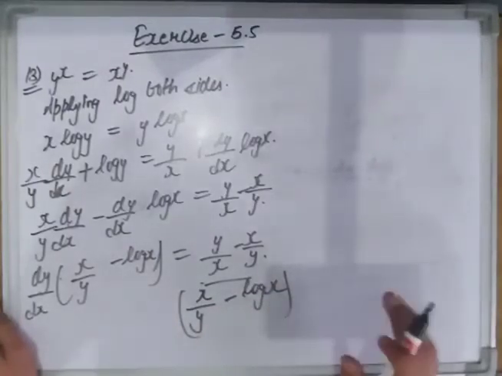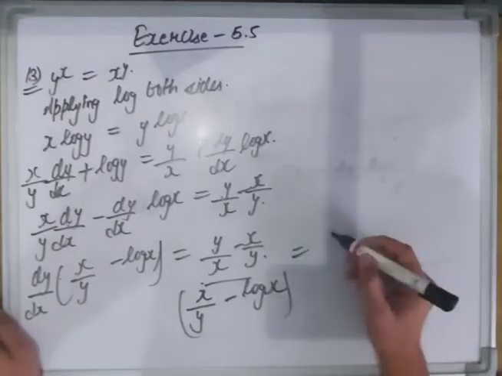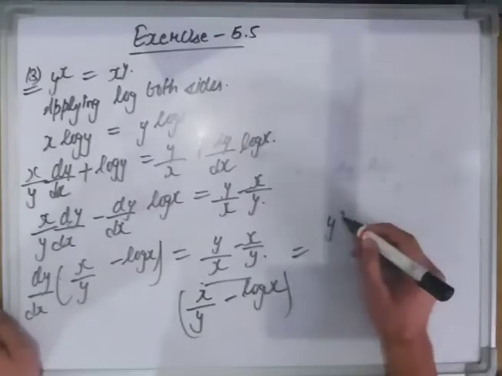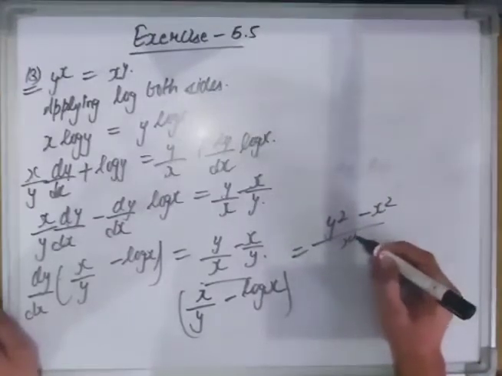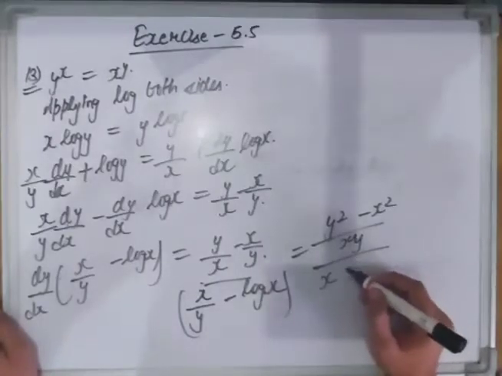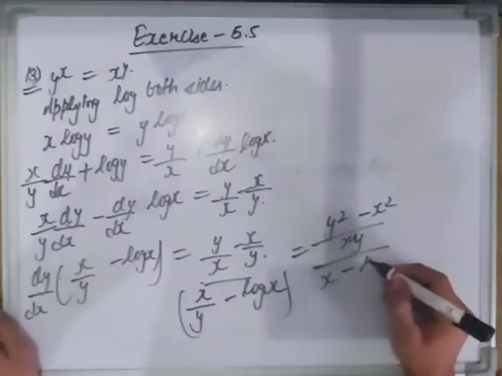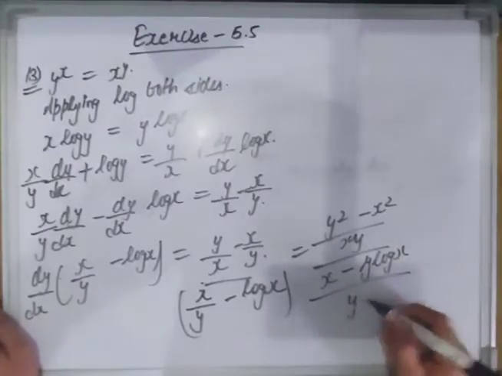If you want to simplify it, you can simplify, no problem. Y square minus x square upon xy, and x minus y log x upon y.